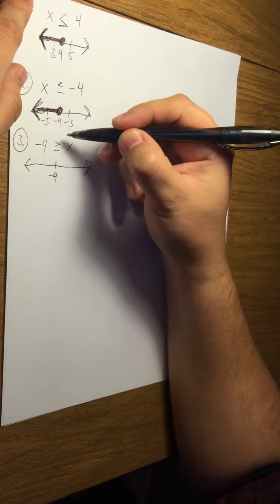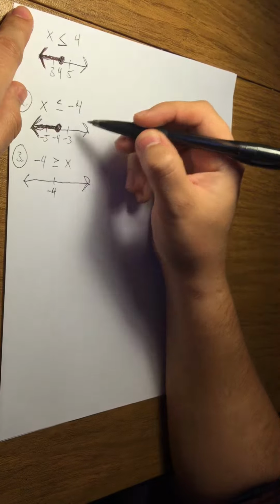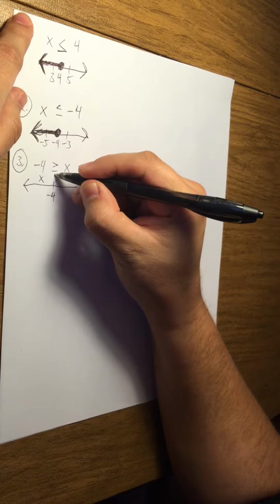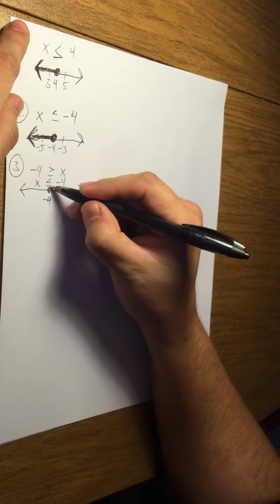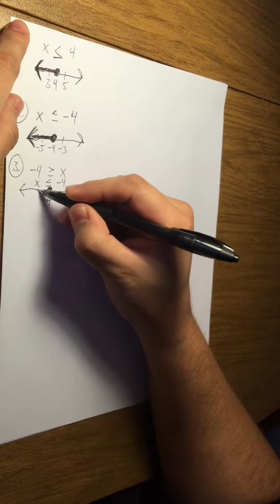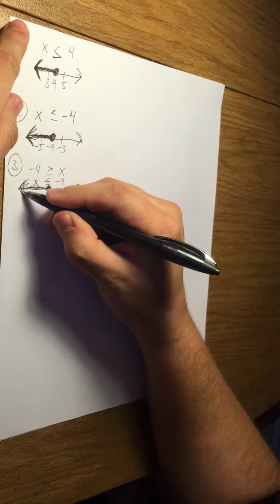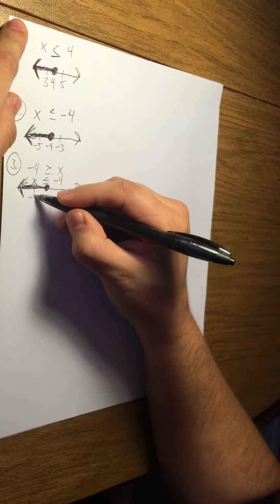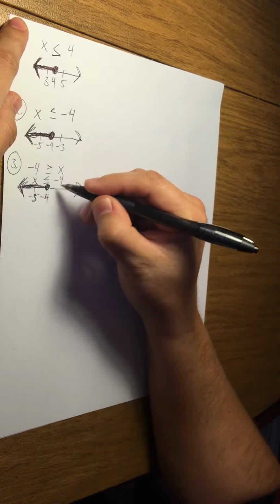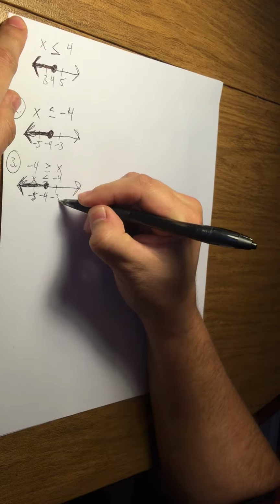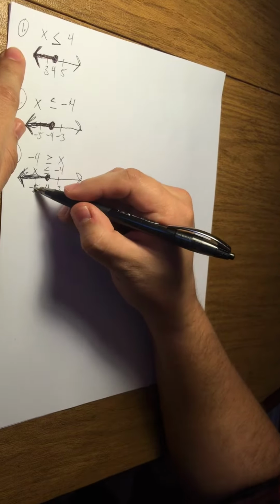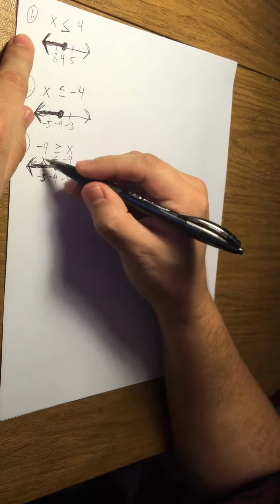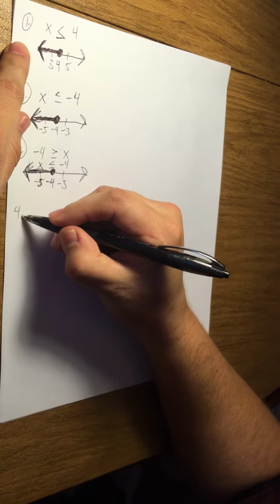It's actually the same thing as x is less than -4. See how that's the same thing as this? So we fill it in, and it's less than. Keep forgetting to put in my numbers. Note that -3 is greater than -4. So it's okay.